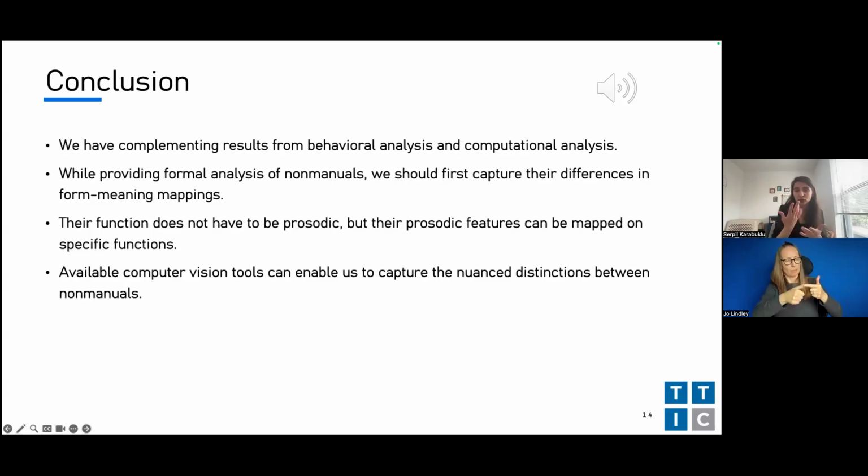What I'm trying to say is that their function doesn't have to be prosodic or semantic per se, but they do have their own prosodic features, and these can be mapped onto specific functions. And we can use the available computer vision tools to capture these nuanced distinctions between them.